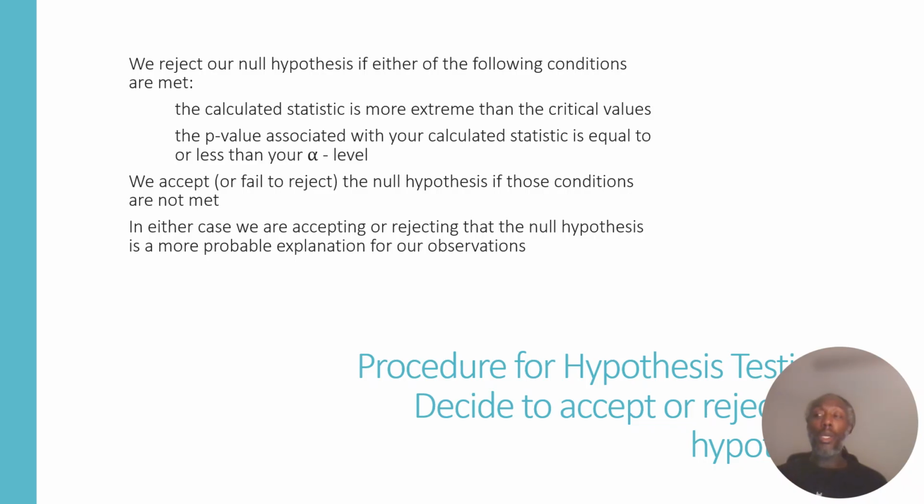If we reject our null hypothesis, then we are accepting that the research hypothesis is the best explanation for the data you have, given your two options. If you reject your research hypothesis and accept the null hypothesis, you're accepting that the null hypothesis better explains the data you have than the research hypothesis. Either way, you are saying which one of your explanations is most probable given your observations.